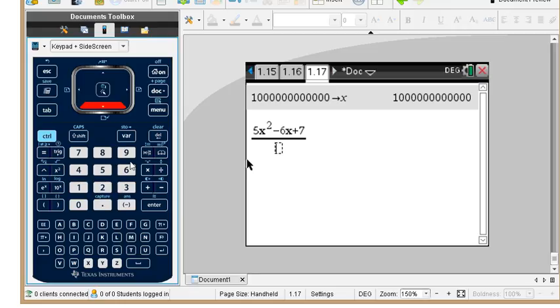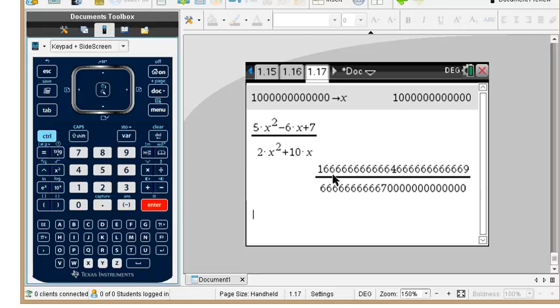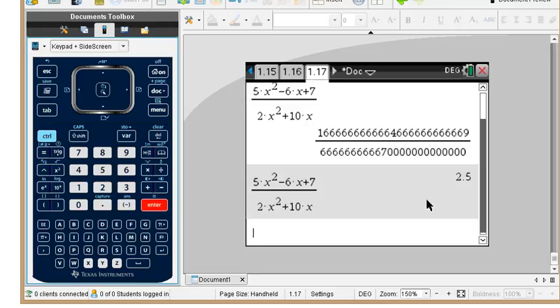And in the denominator, we have 2x squared plus 10x. And we get this fraction here. If we press Control Enter, we get the decimal approximation, which is 2.5.